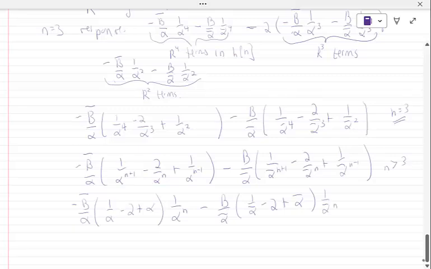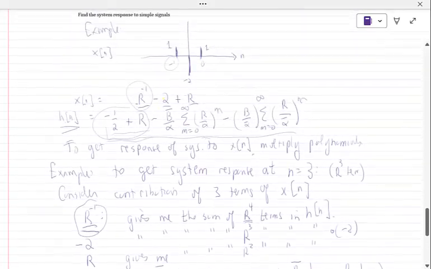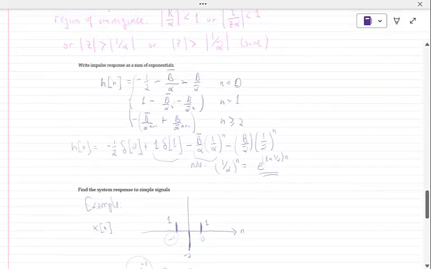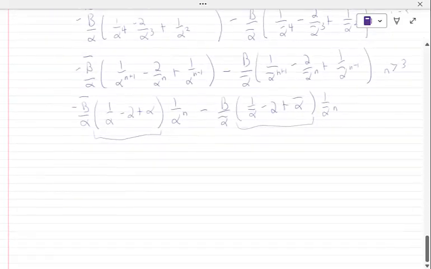So you can see what's only happened here is we've introduced this factor when previously we just had, if you look at the impulse response previously, we just had these two terms here. Okay, so we've simply introduced these additional factors. Okay, so that's actually true for n greater than or equal to 3.